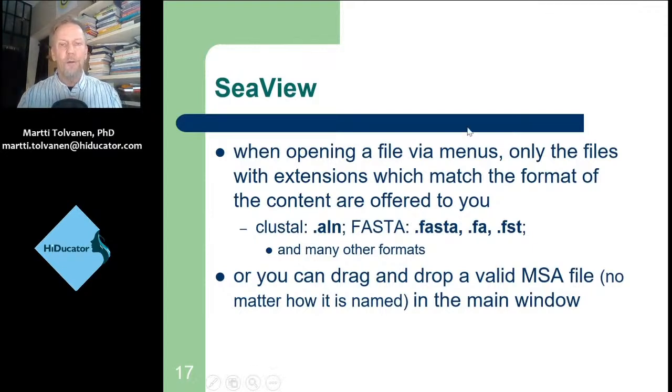You can do it through the File Open menu dialog, but then you have to choose which format of a file you want to open, and for CView to find the file in that folder, it requires that your cluster files are named .aln, and the FASTA format files can be named .fasta, .fa, .fst. And there are multiple other formats, but let's just stick with the two most familiar ones.